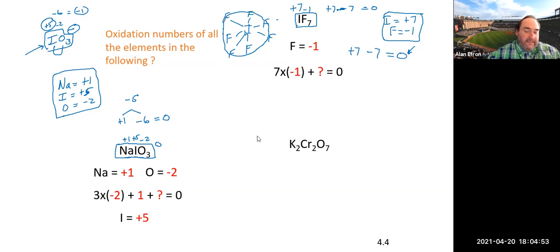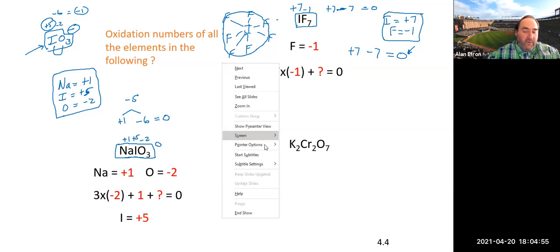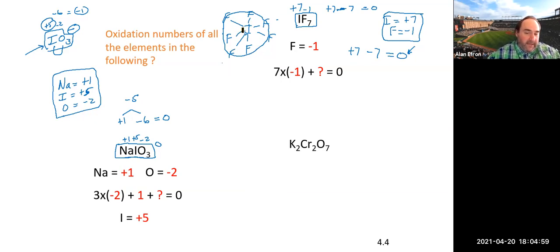In this configuration with that strongly electronegative fluorine, all the electrons being shared by the iodine are heading towards the fluorine. And what is that doing to the iodine? It's making it more and more electron deficient. Did it lose those electrons? It didn't, but it's almost like it lost those electrons.